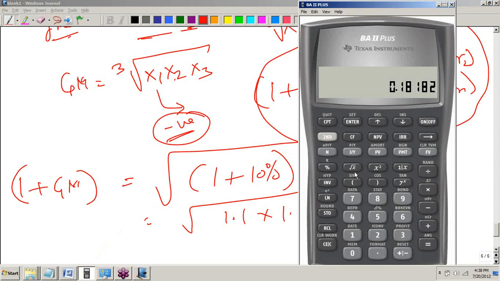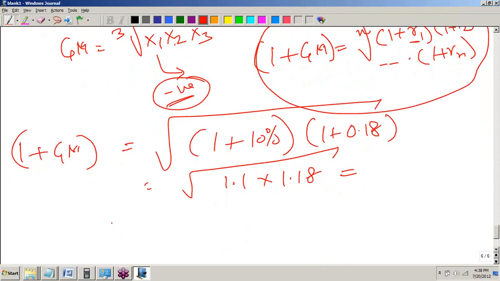So how does it come? You multiply 1.1 into 1.18, you take the square root, it comes as 1.14. So your 1 plus GM is equal to 1.14, so your GM will become 0.14.